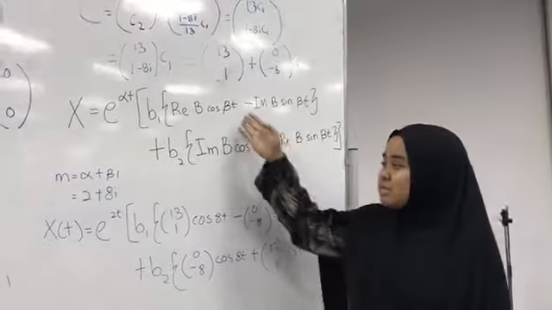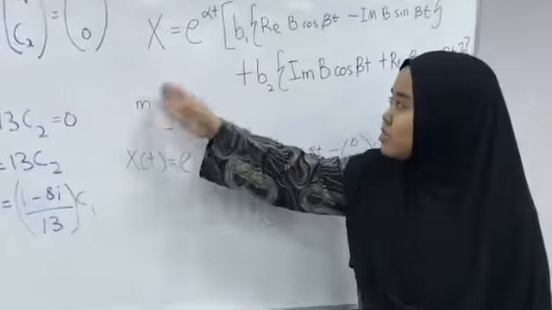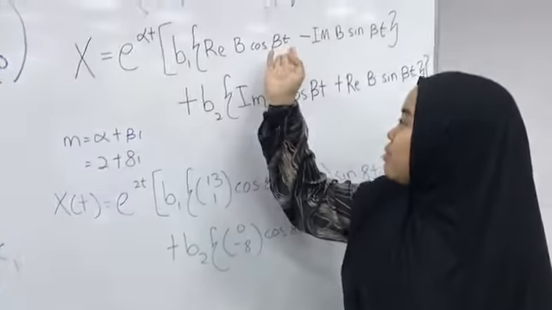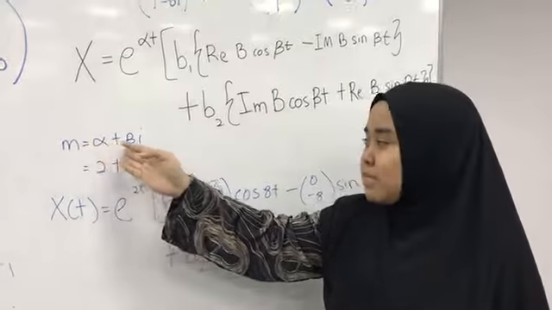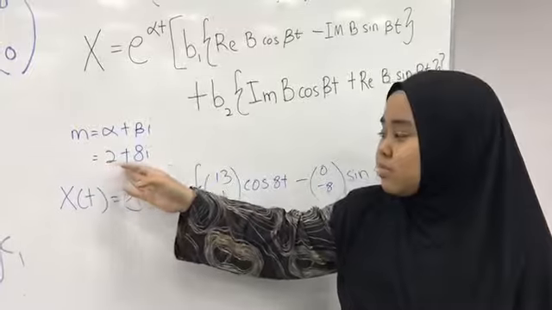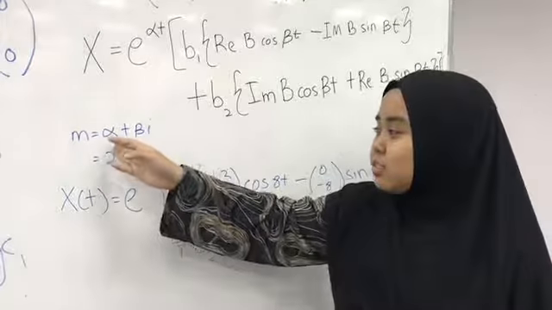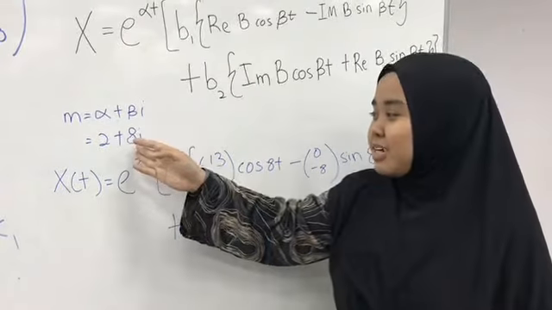Okay, now I will substitute it. To get the alpha and beta, we use this formula: M equal to alpha plus beta i, so it is also equal to 2 plus 8i. So alpha equal to 2 and beta equal to 8.